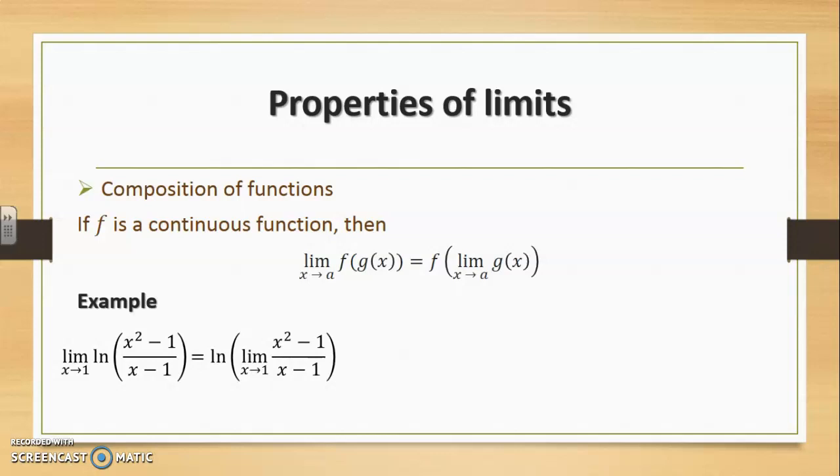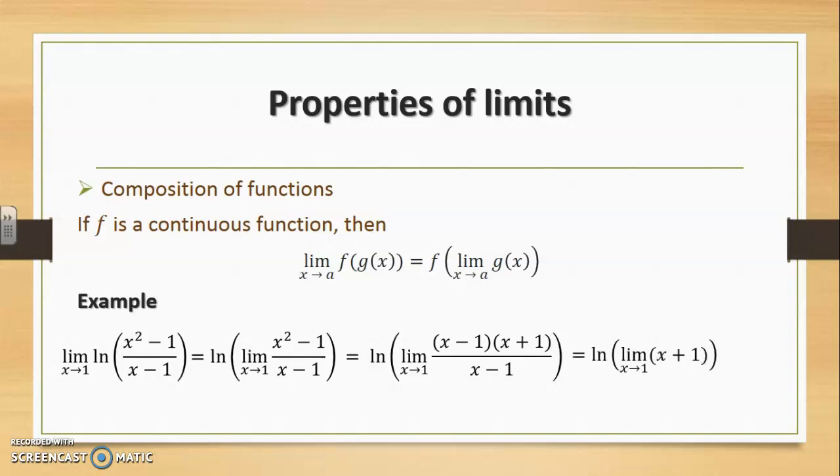So the property of continuous functions allows us to insert the limit inside of the ln. So now we have a limit with a 0 over 0 form, but these are polynomials that can be factored. The factors that are common can be eliminated, and then direct substitution can be applied inside this limit to give 2, so ln of 2 would be the outcome.